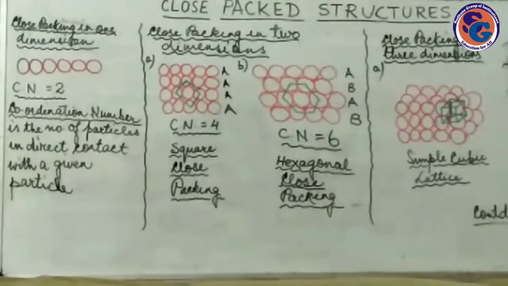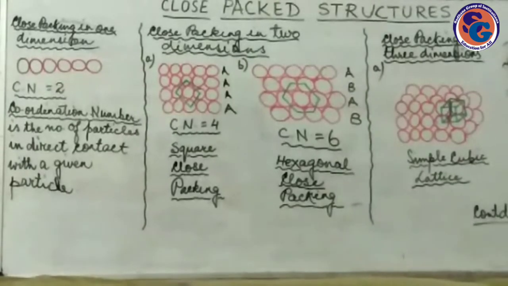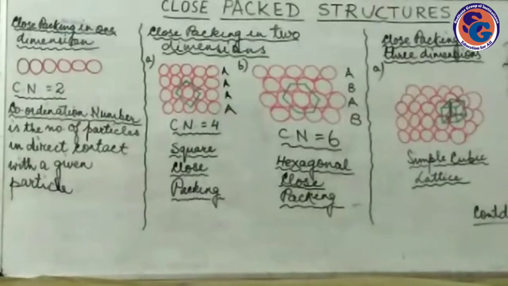Now if we join the centers of those neighboring particles, we get the shape of a hexagon. And because of this shape, this type of 2-dimensional close packed structure is known as hexagonal close packing in 2 dimensions. In this case, you get some voids, and those voids are triangular in shape.